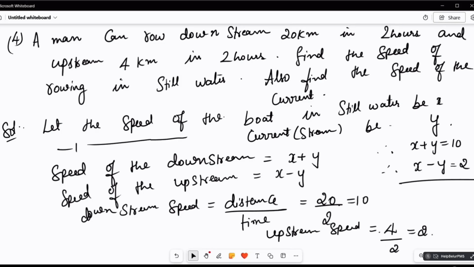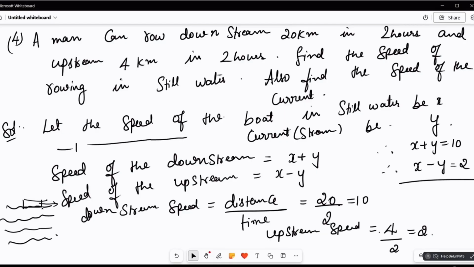Now, a man rows downstream 20 kilometers in 2 hours, and upstream 4 kilometers in 2 hours. Find the speed of rowing in still water. This is the question. So, downstream means whenever the water is moving, if the boat travels in the same direction, then we call it downstream.